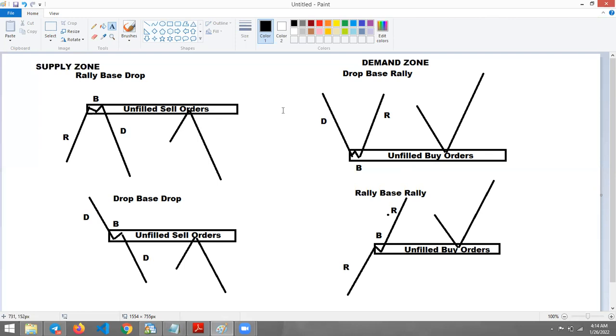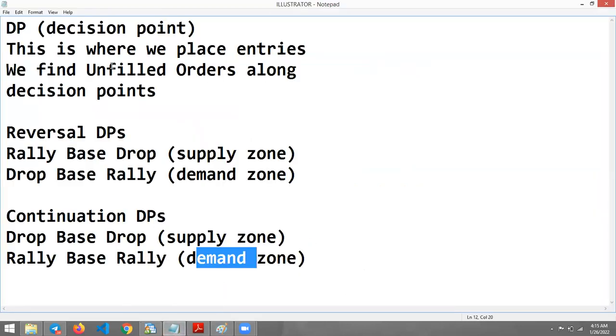I'm sure most of you know about these things, but I just want to remind you, it's a very simple concept. Don't complicate it. So basically, we look out for our entries along these points here. So I call them decision points. Very, very powerful zones.